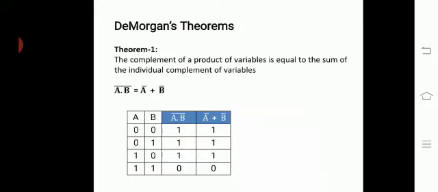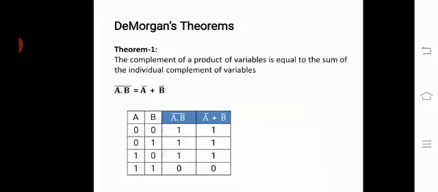The theorem is A into B whole complement equals A bar plus B bar. There are two variables A and B. The formula is A into B whole bar equals A bar plus B bar. B values are 0 1 0 1, A is 0 0 1 1.